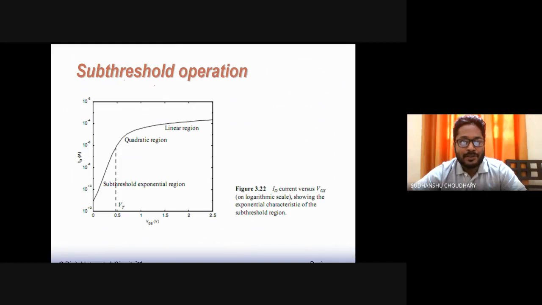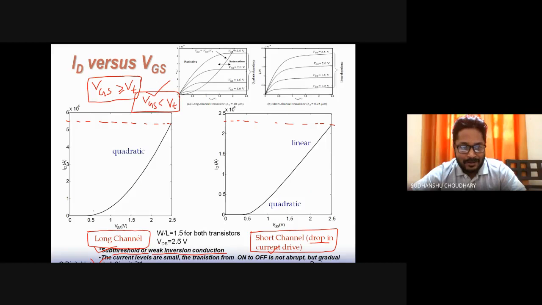Now in the sub-threshold region, the current actually increases exponentially. In this picture, you may not see any exponential rise in the current, because below VT, that is below 0.4 volts maybe, the current is almost zero. So that exponential growth, the sub-threshold region of operation, is not visible in this plot.